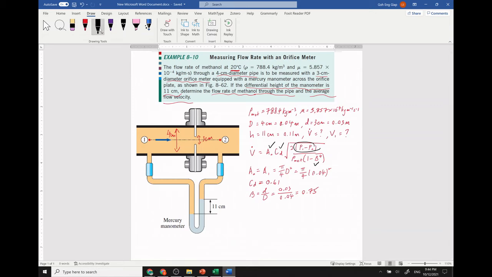Here we have pressure 1, here we have pressure 2. Then we have the height of the liquid.